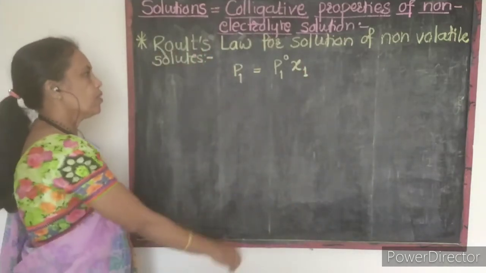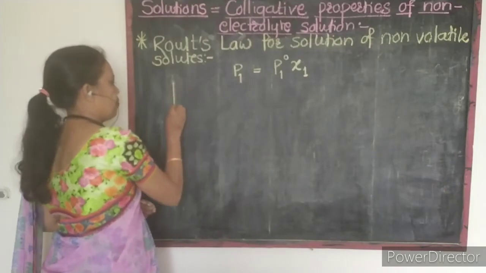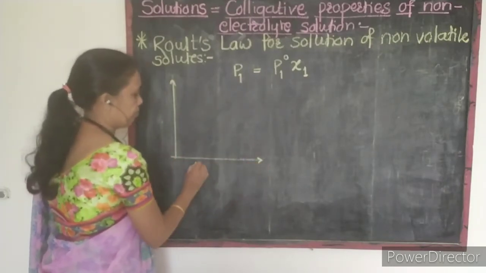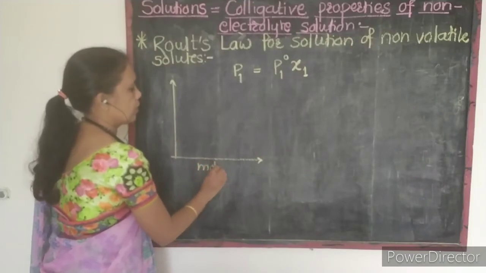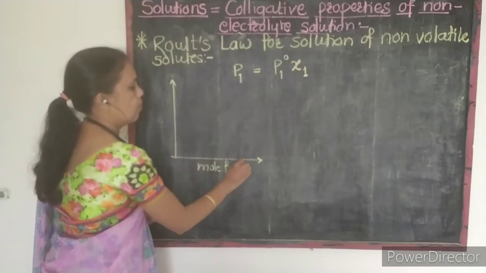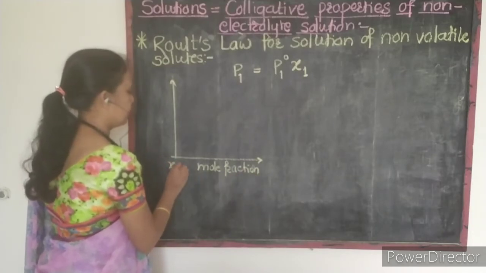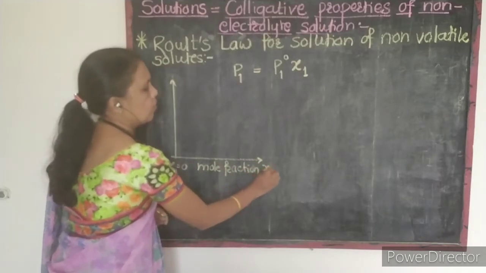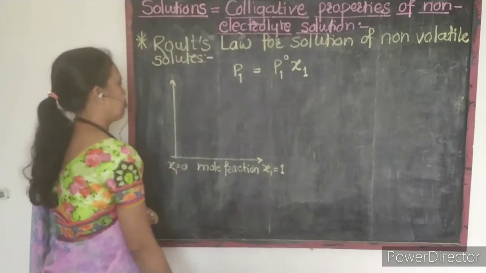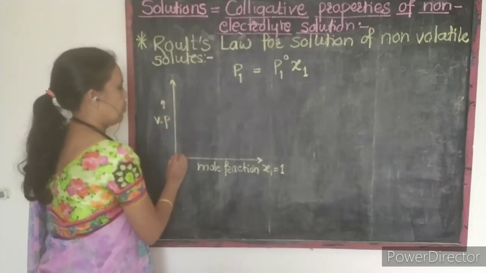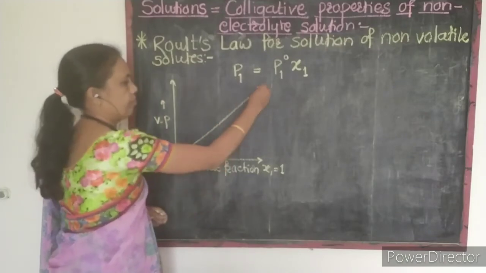If we plot the graph of vapor pressure against mole fraction, suppose on the x-axis we take mole fraction from 0 to 1, and vapor pressure along the y-axis, then we get a straight line.